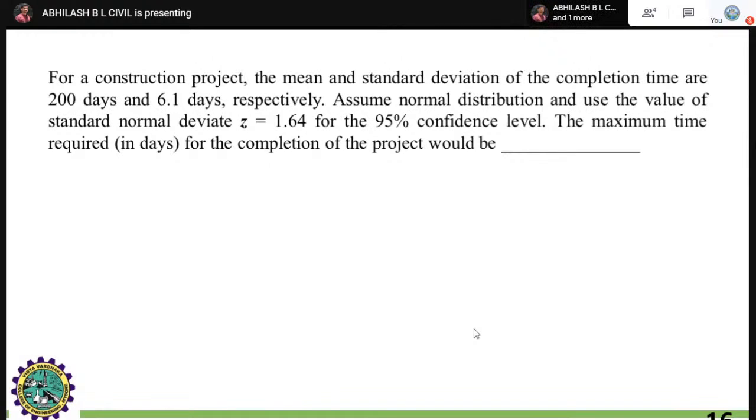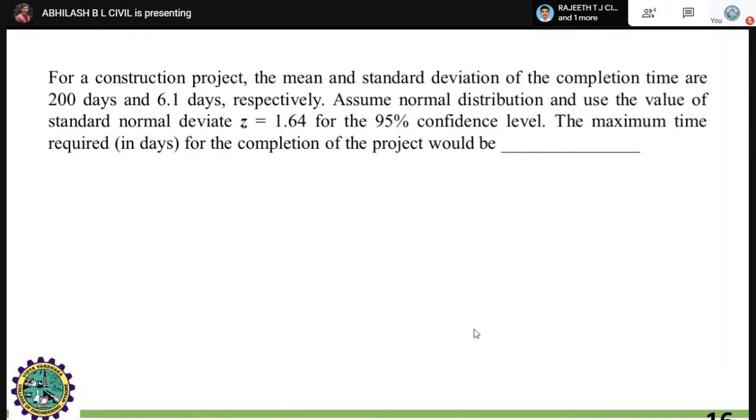Next comes a problem for a construction project. For a construction project, the mean and the standard deviation of the completion time are 200 days and 6.1 days respectively. Assume the normal distribution and use the value for standard normal deviate, that is z equals 1.64 for a 95% confidence level.